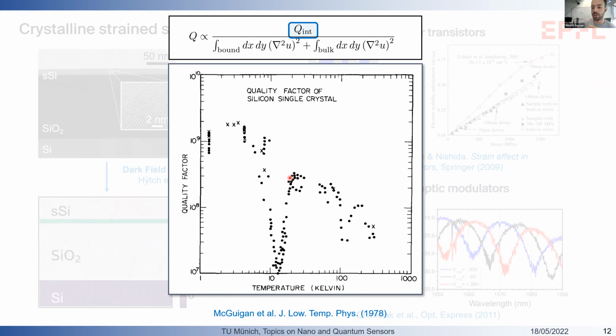So it was already realized since the 70s, both in silicon macroscopic oscillators, but also in sapphire or quartz macroscopic oscillators, that single crystalline oscillators can have extremely high quality factors beyond 1 billion at cryogenic temperatures. And they have been, for example, used for implementing prototype Weber bars that were candidates for gravitational wave antennas, but in the end didn't work out.